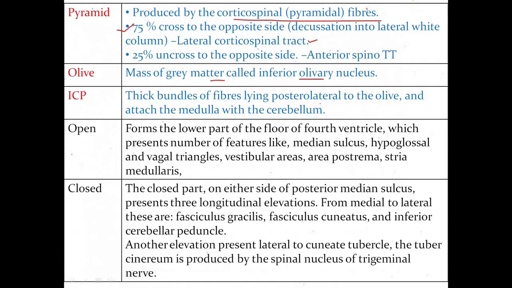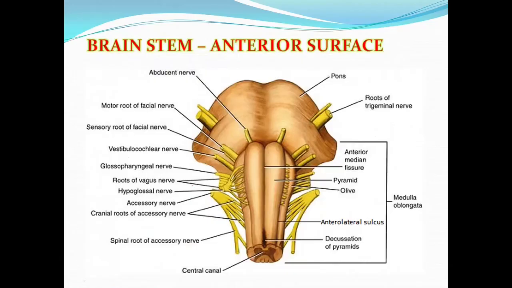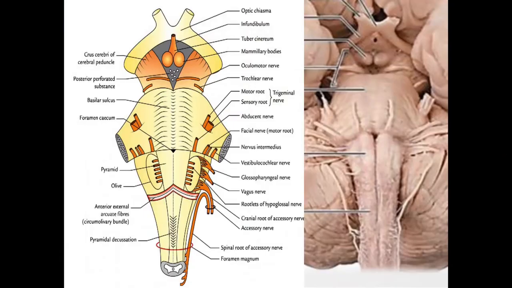While you study the medulla, especially in the posterior aspect, at that time you will study the open portion and the closed portion. That we may discuss during the posterior view study. So now in gross, we can say midbrain, pons, and the medulla oblongata.